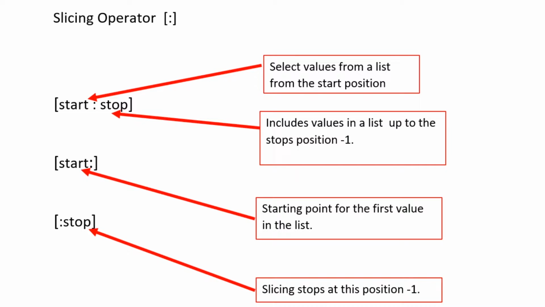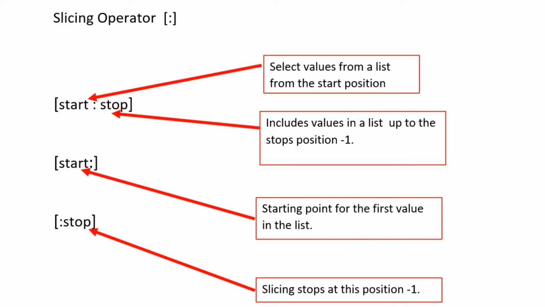Slicing notation has the following format. You have a slicing operator, which has square brackets and a colon in the middle. You can have a start and a stop for the range of values you want to extract from your list. If you give a stop value, it will include the list up to the stop position -1.